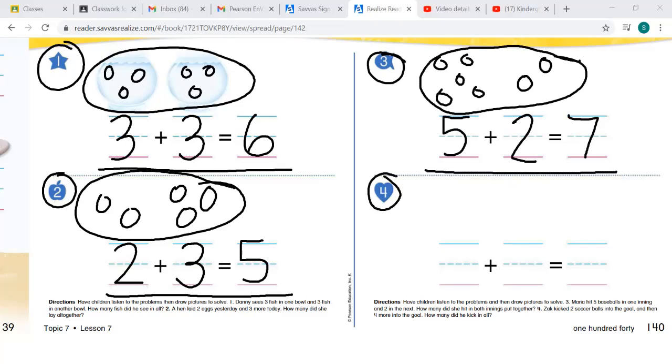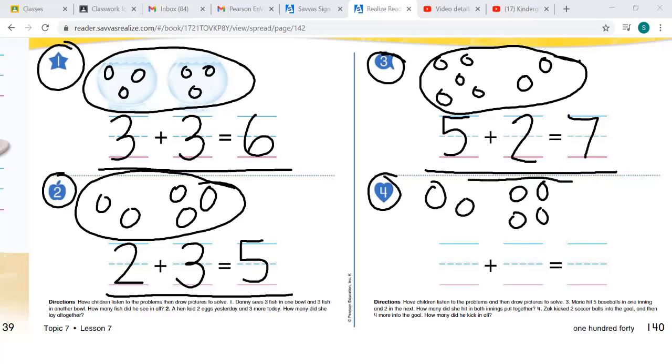All right, we're at number 4. Yusuf kicked 2 soccer balls. 1, 2, and then 4 more into the goal. 1, 2, 3, 4. How many did he kick in all?